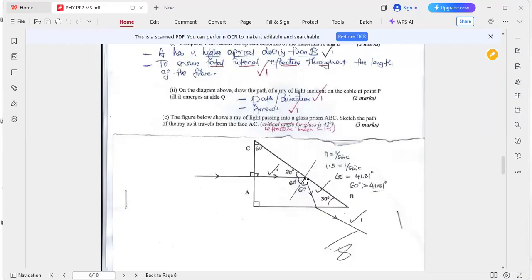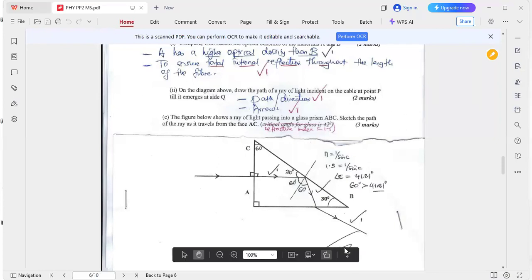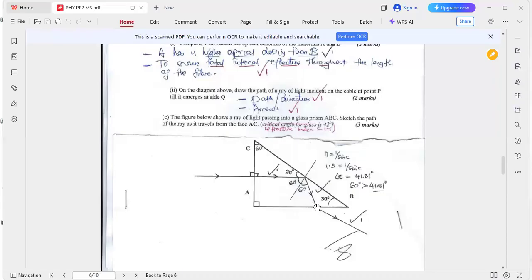Something else you should do is you must show all the angles. All angles should be shown. For example, this diagram here is not complete because this angle has not been shown. The angles here have also not been shown.